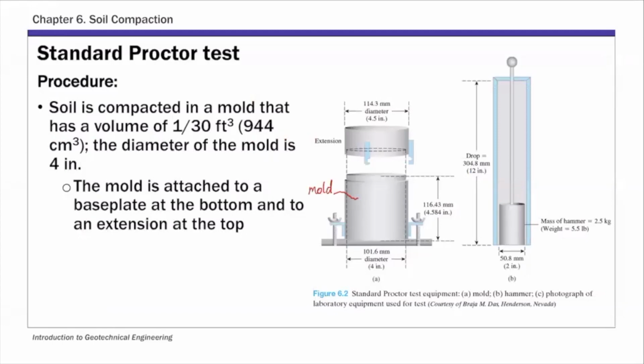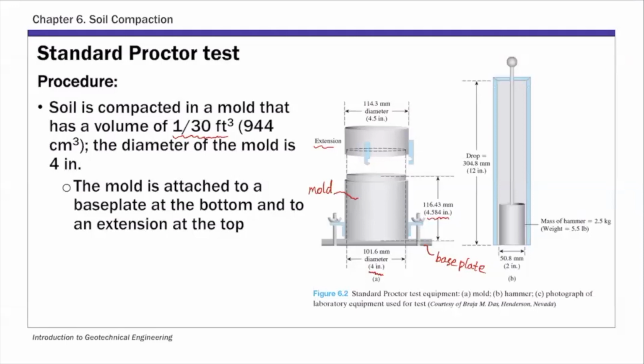This mold is attached to a base plate at the bottom, and also an extension on top. So that's what the device looks like. And for the standard Proctor test, you know the volume of this mold. This is a fixed volume mold. You know the height, you know the diameter, so you can calculate the volume, which is 1/30 of a cubic foot.